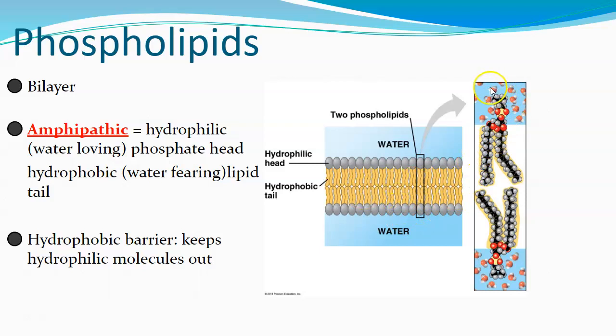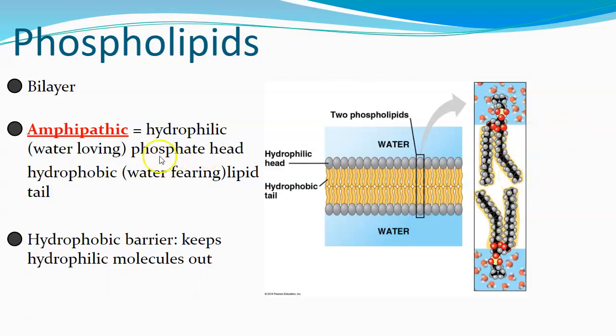And you can see the phospholipid structure. It has a phosphate head, and phosphate does have a charge associated with it. And then it has two hydrocarbon tails. And just like we learned with other lipids, it can be saturated or unsaturated, so it can be a straight chain if saturated, and it can have a kink in it if it's unsaturated.